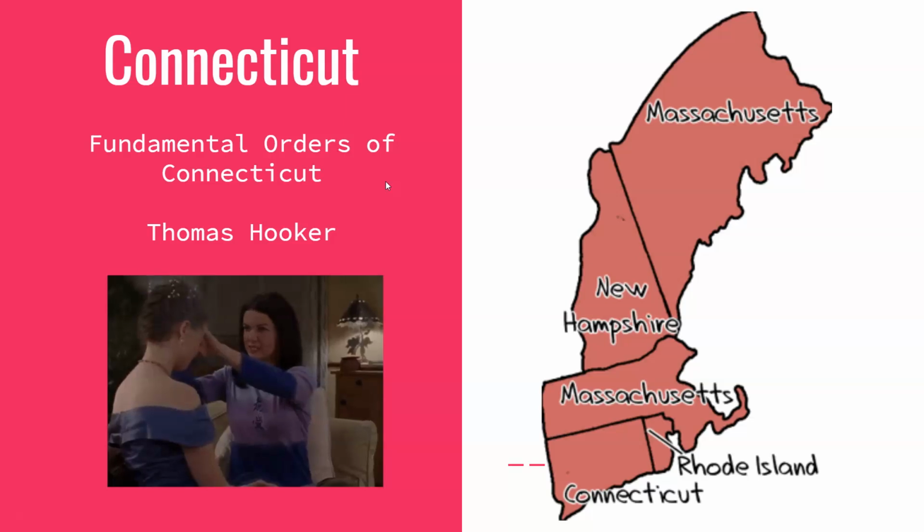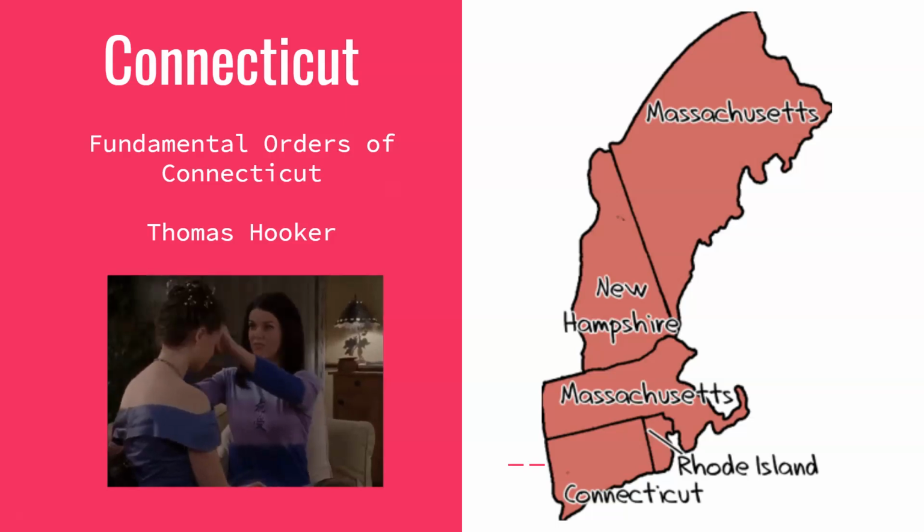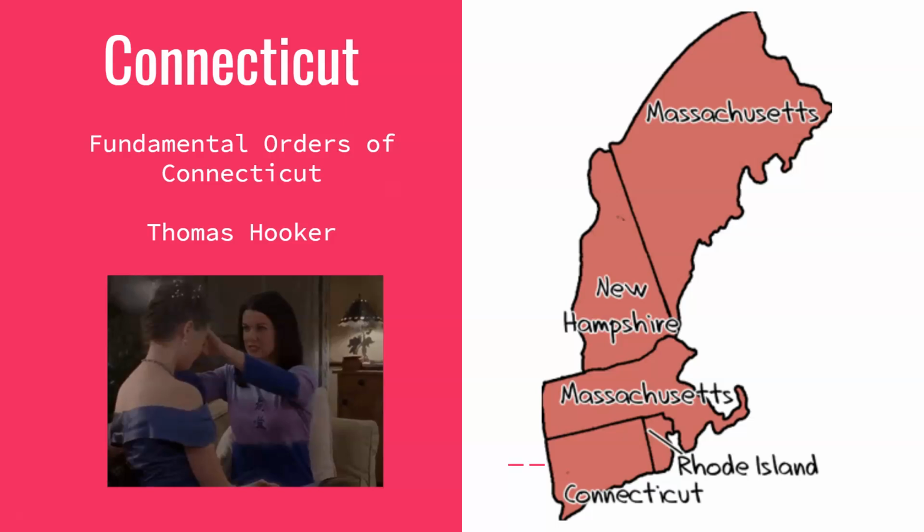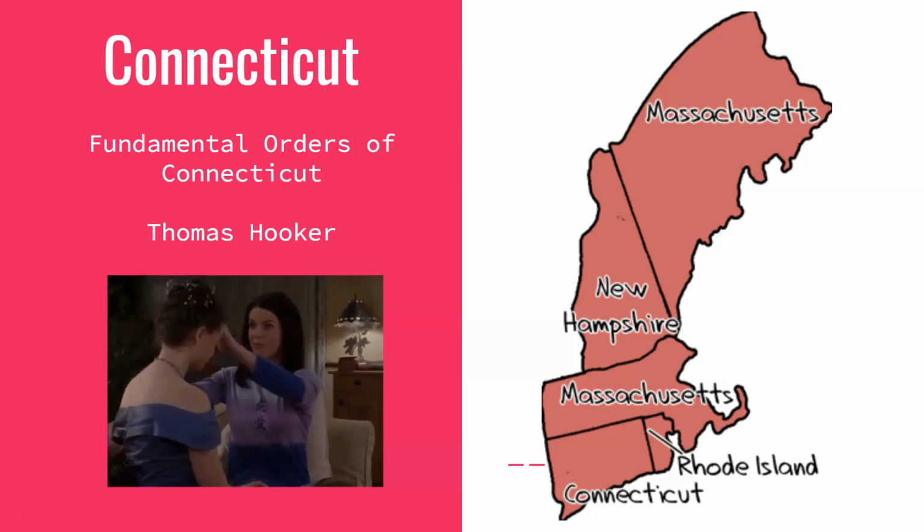So the Fundamental Orders of Connecticut is actually kind of like the first constitution that we'll see in any of the colonies. So Connecticut kind of has the first state constitution, if you will. So that's something to know. Fundamental Orders of Connecticut. Remember it for always and ever as the first constitution of the New World.